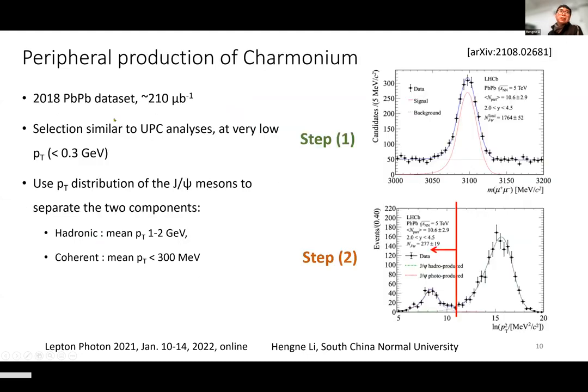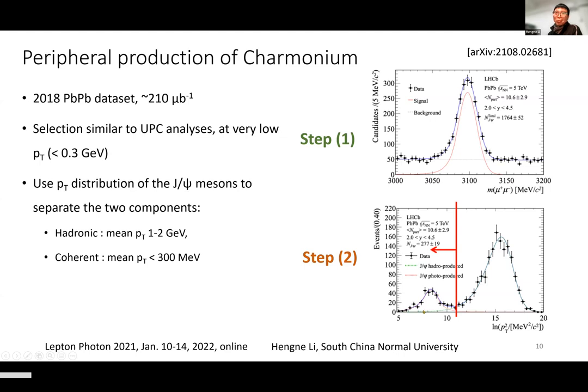Now this is the first 2018 Pb-Pb dataset result, and the selection is very similar to the UPC analysis, which basically requires very small pT, and it's also done in two steps. In the first step, you fit the invariant mass of the J/psi and get all J/psi, and in the second step, you use log pT squared to separate this small bump.